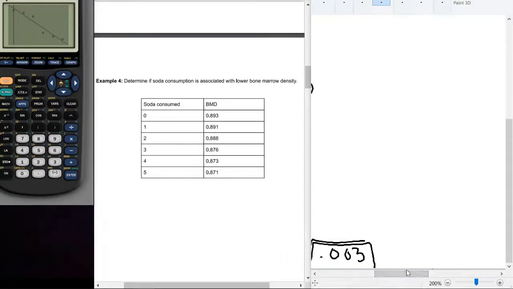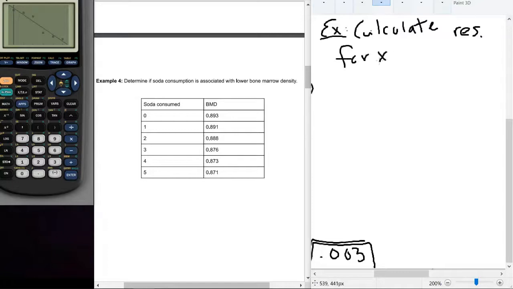Okay, so example, calculate the residual for x equals 3 sodas consumed. So once again, residual has a formula.